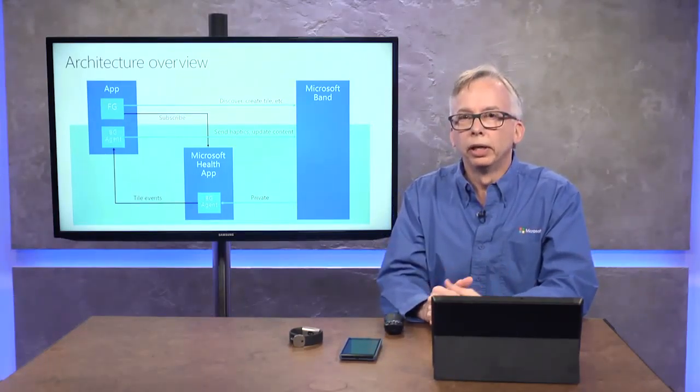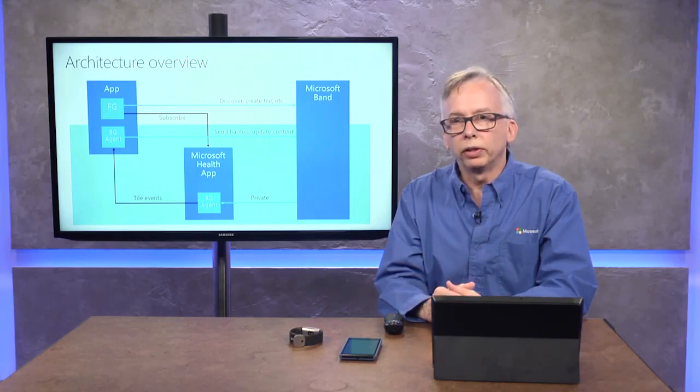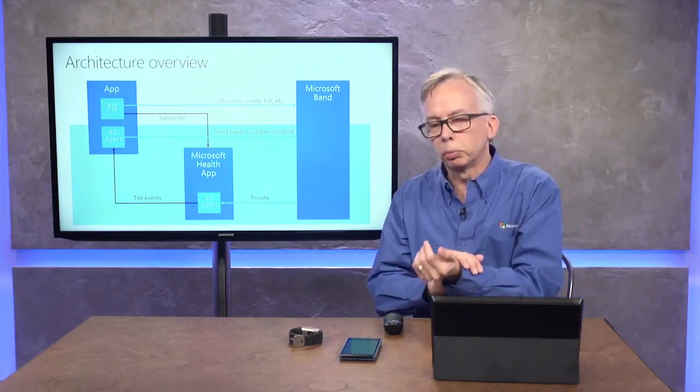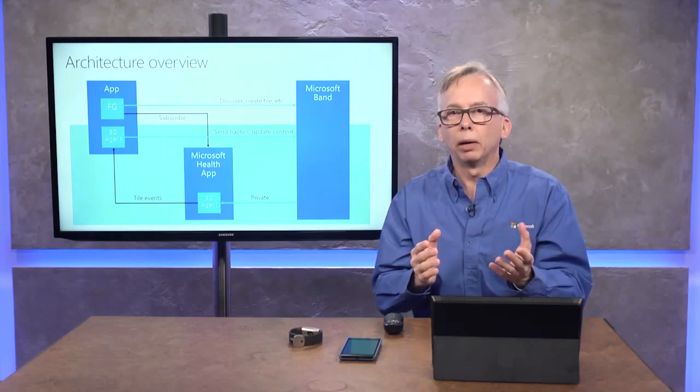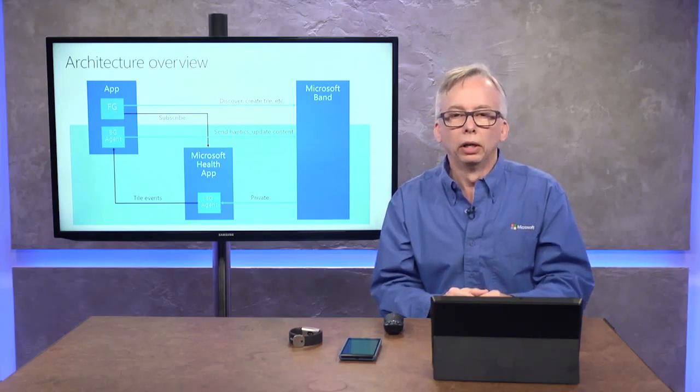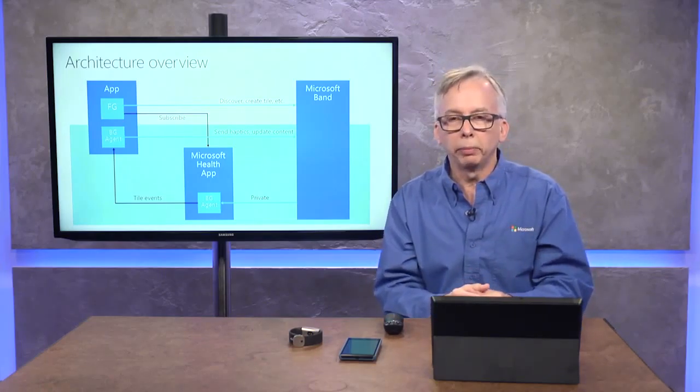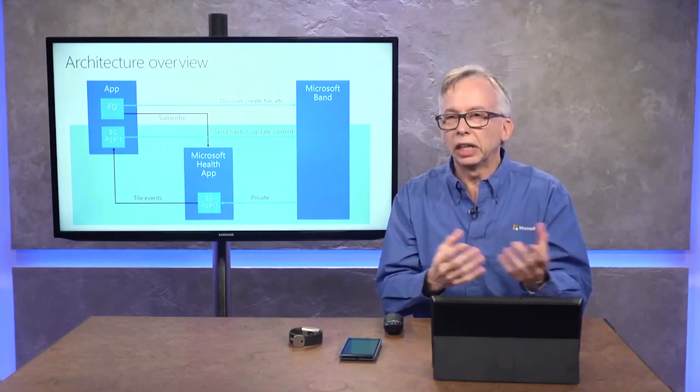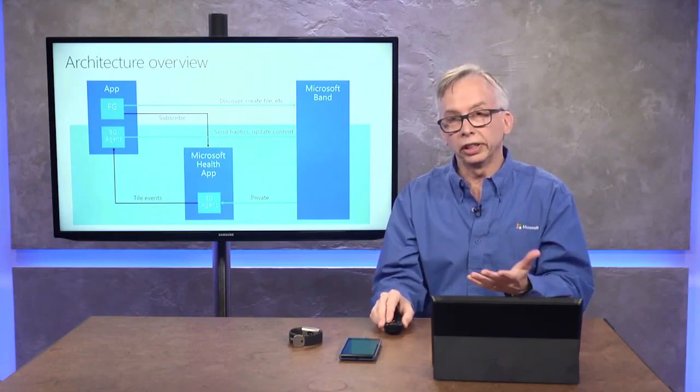It'll be common, even in experiences where the user is really focused primarily on the band, for the foreground application to have some kind of a sign-in experience, or maybe a customization of exactly what features they want to expose or see on the band.